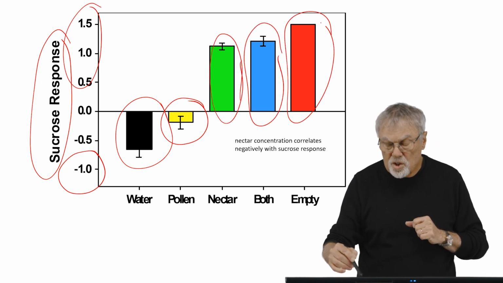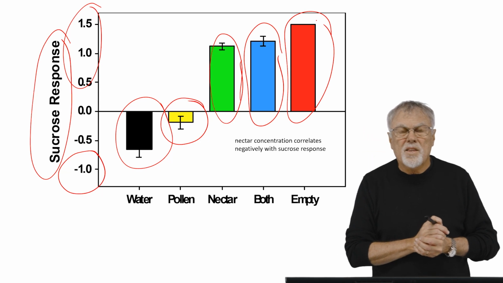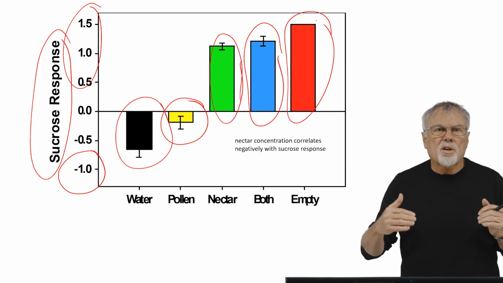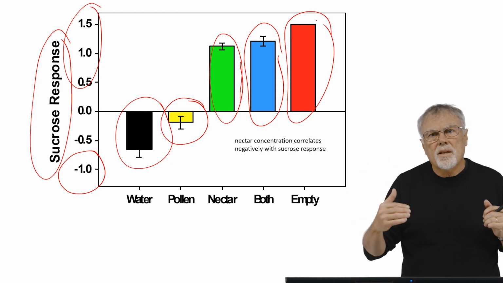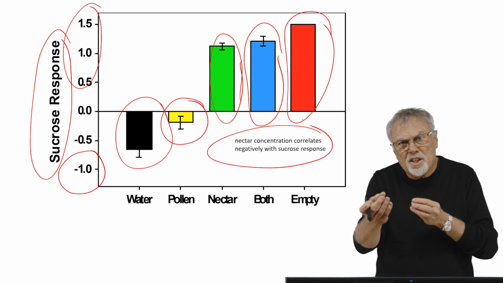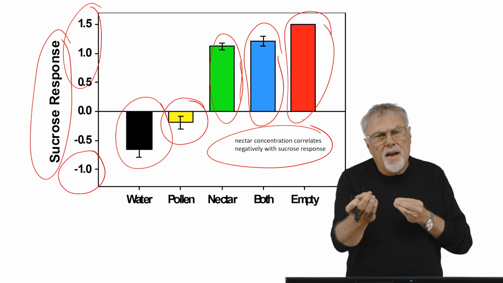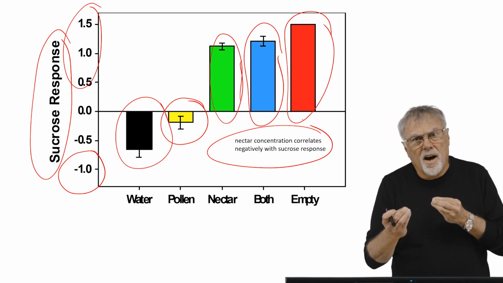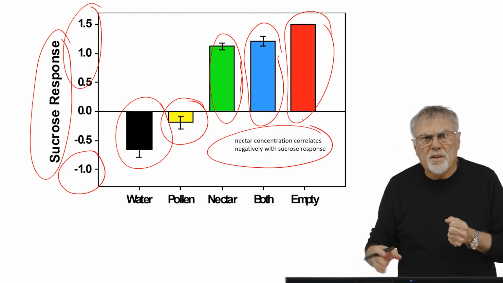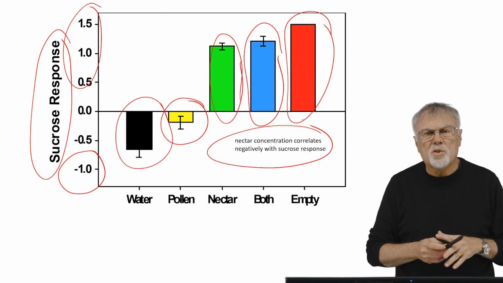And there was actually a large number of bees that collected nothing. And these were the bees that were the least responsive to the sugar concentrations in the test that we gave. In addition, if you look at the concentration of the nectar that the bees returned with to the nest, it correlated negatively with their sucrose response.